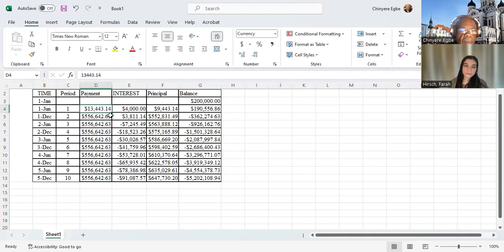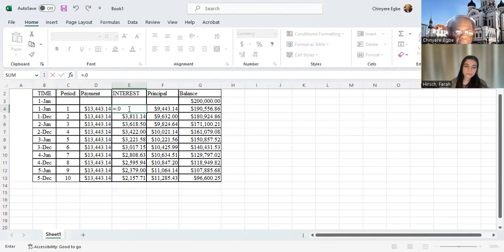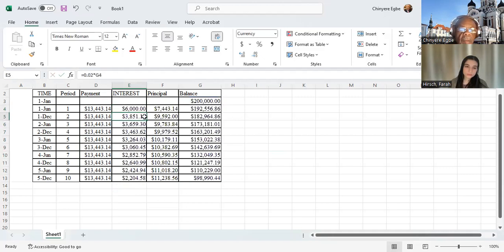And so for your payments, you drag that down since it's a constant payment. Am I correct? Right. Okay. The interest will be equals 0.03 times G3. All right, so this is your initial payment.